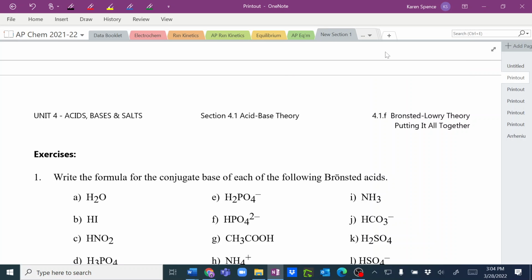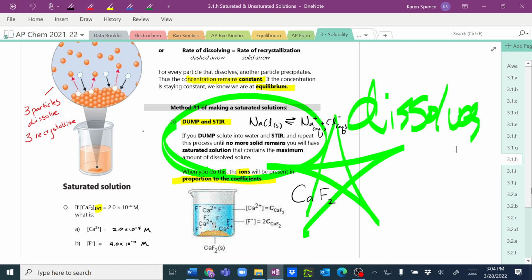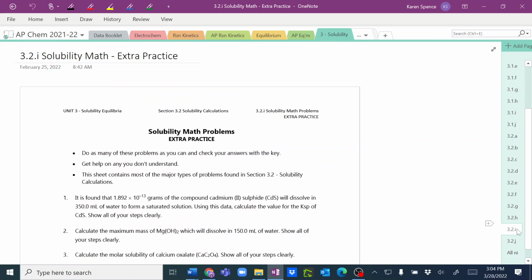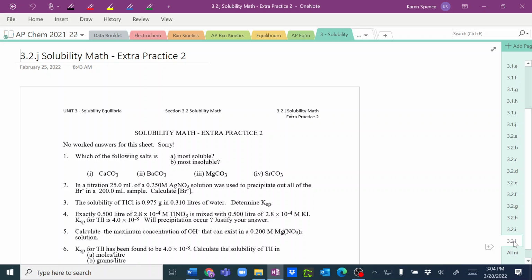Oh, there we go, solubility. So it's like the HIJ, yeah? Solubility math problems, extra practice through 2. Okay, so those are there for you. This I will put here, and then we'll move all the other things out of the way. Don't put anything to the back of the table, only from the front of the table.